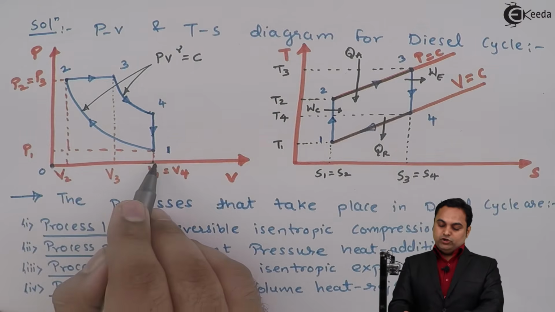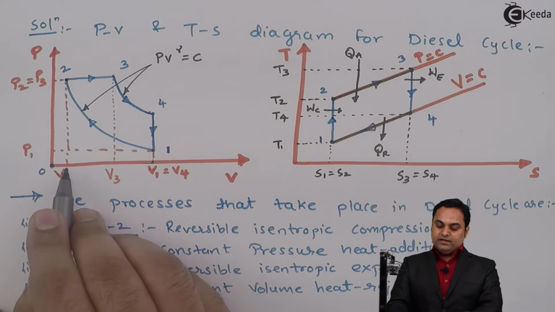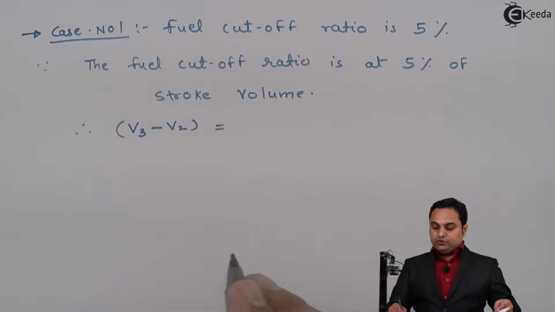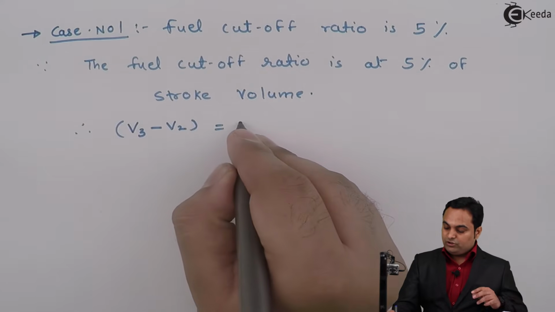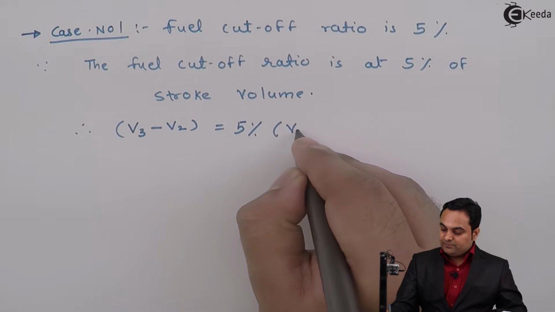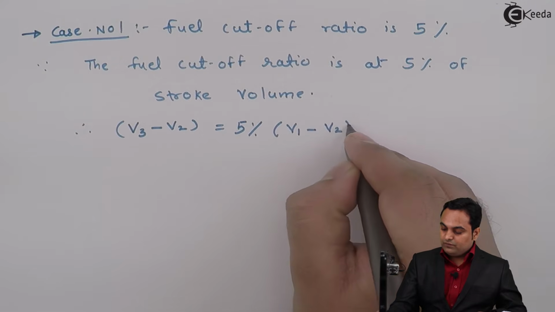So from cylinder volume, if I subtract clearance volume, I get the swept volume, which is V1 minus V2. So this is equal to 5% of stroke volume, which is nothing but V1 minus V2.